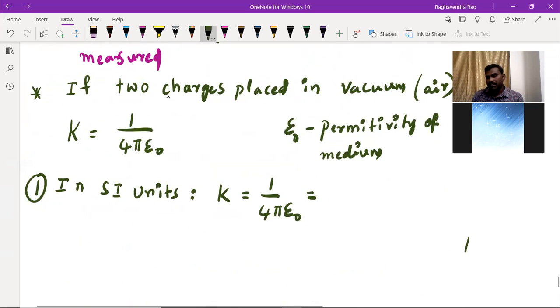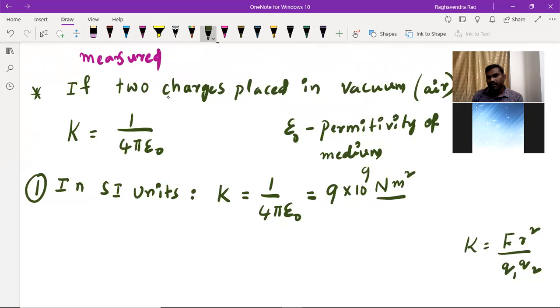So k is equal to F r square by q1 q2. For the SI system, we take force in Newton, distance in meter, and charges in Coulomb. Now this value is 9 into 10 to the power of 9 Newton meter square by Coulomb square.